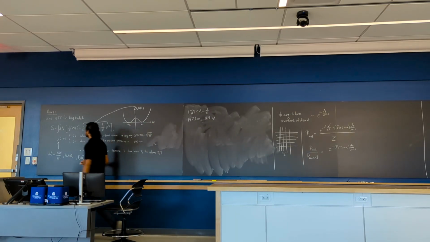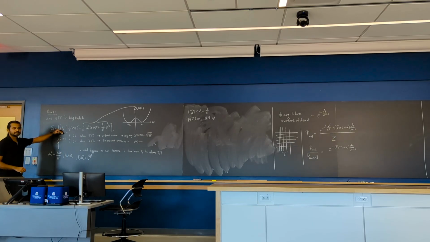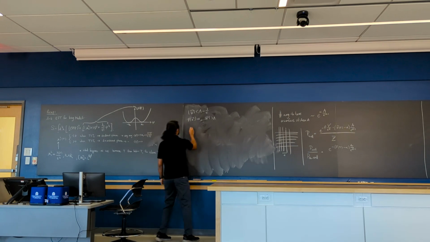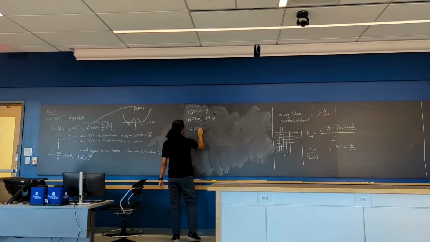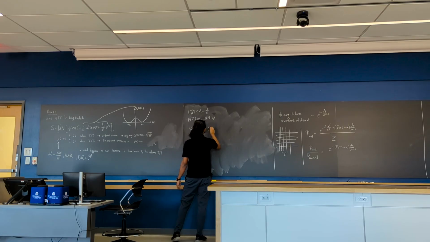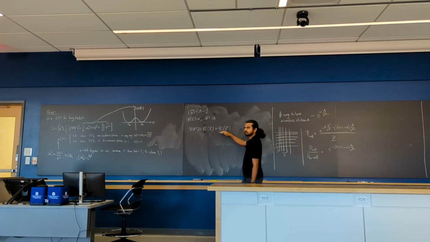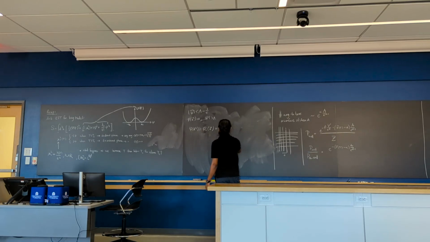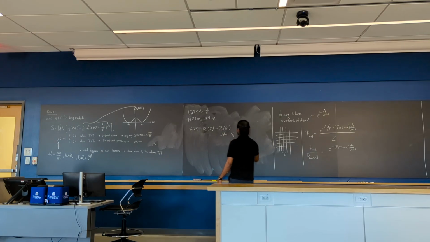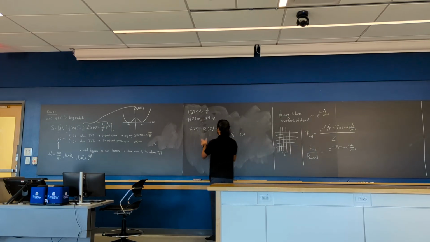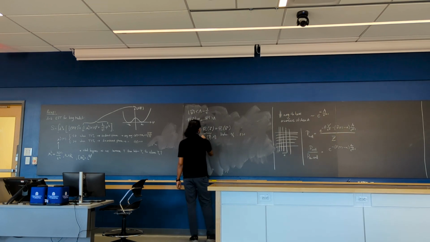And in Wilsonian RG, what we did was take this action and integrate out. We write the field phi as a phi plus mode and a phi minus mode, where this has support below lambda by zeta, with zeta greater than 1, and this has support in lambda by zeta to lambda k.